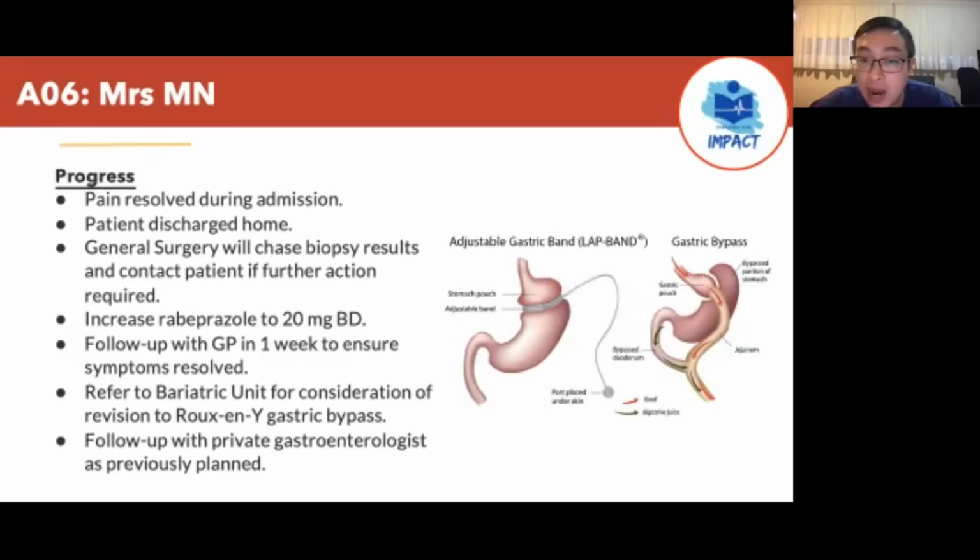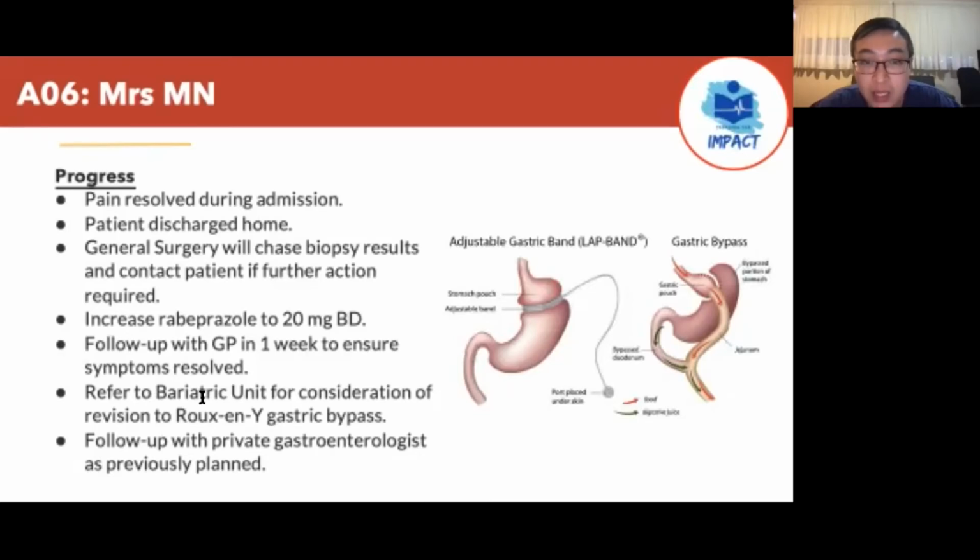So if patients are on PPI, it's important to monitor their B12 and magnesium levels, because both of them can drop quite rapidly. So medics are usually a little more cautious about PPIs. There's a plan for the GP to follow the patient in a week to ensure that the symptoms resolved.